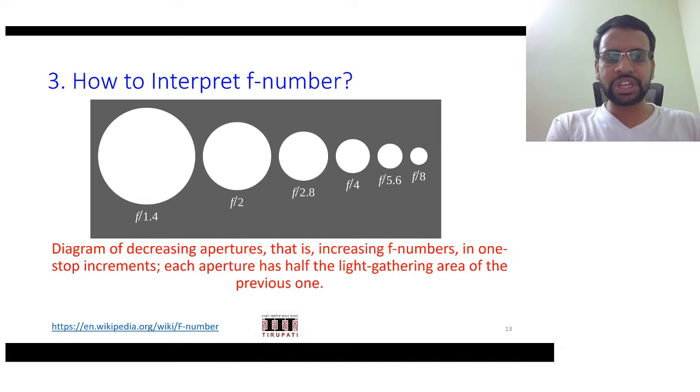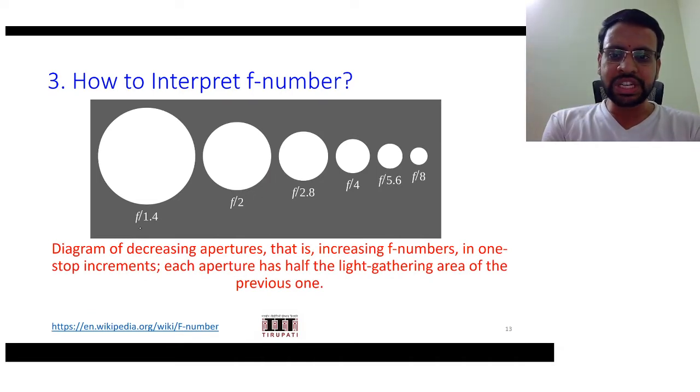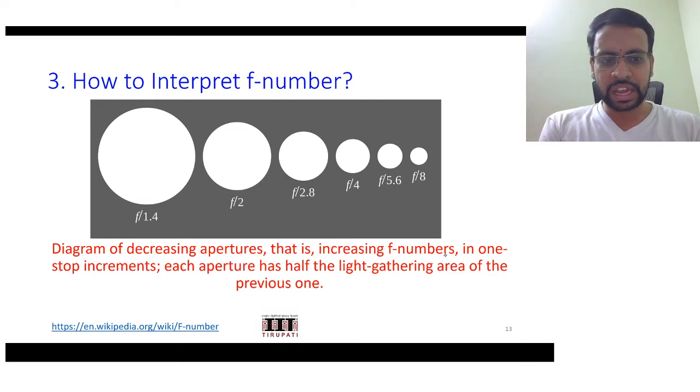One more interesting thing to observe here is this diagram of decreasing apertures. You are decreasing the apertures of your lens, which is equivalent to increasing your f numbers, and each aperture has half the light gathering area of the previous one.